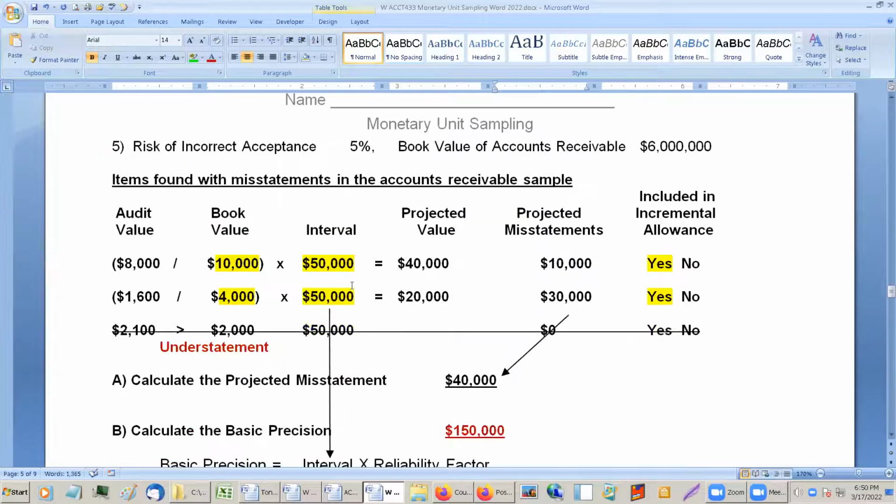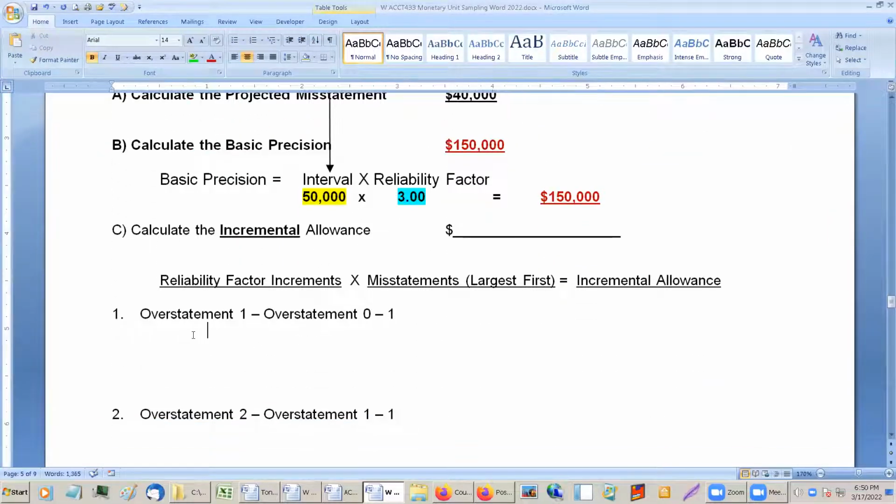That's really what I mean down here. So overstatement 1 is 4.75, minus 3, minus 1, equals, I think it's 0.75.